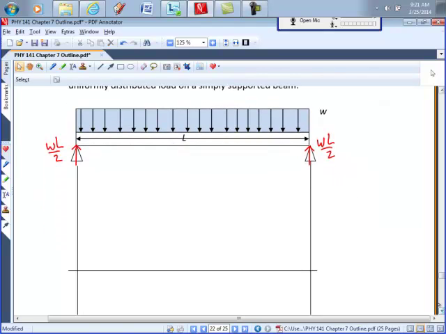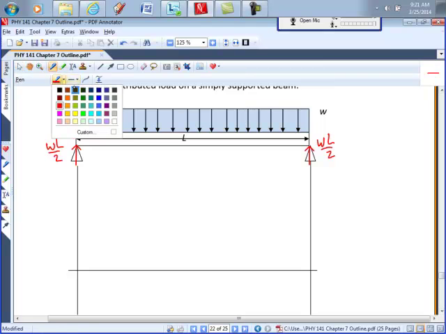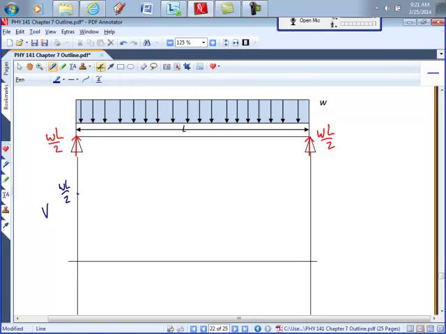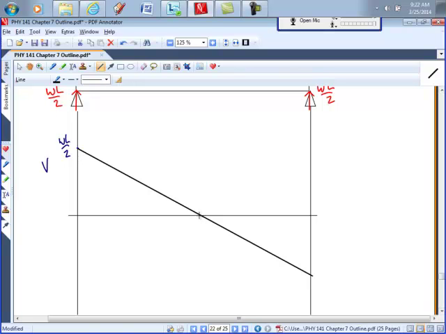So what's the shear diagram going to look like? Right, it's going to jump up to WL over 2 instantaneously from this reaction force, and then it's going to be going down at a uniform rate, so a slope of negative W. And it's going to cross here at L over 2.